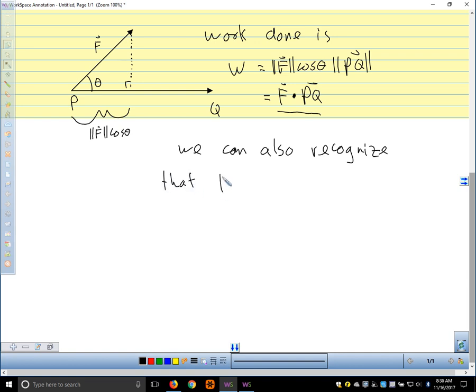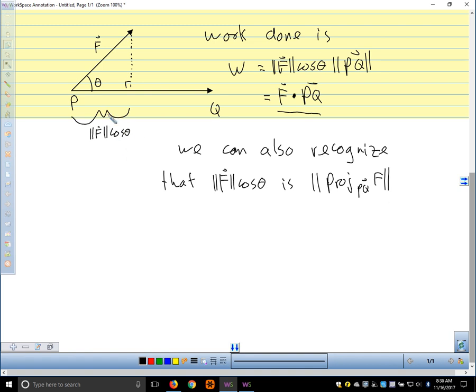So we recognize that the magnitude of F times the cosine of theta is the magnitude of the projection of F onto PQ. So projection onto PQ of F.